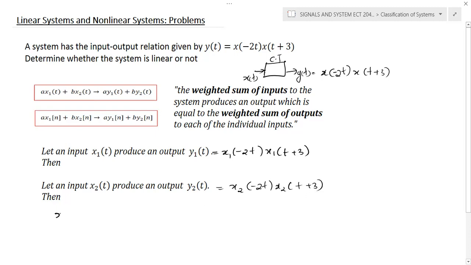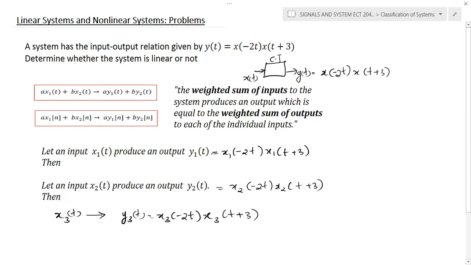And if you consider x3 of t as a third input, the corresponding output is y3 of t, which is equal to x3 of minus 2t into x3 of t plus 3.